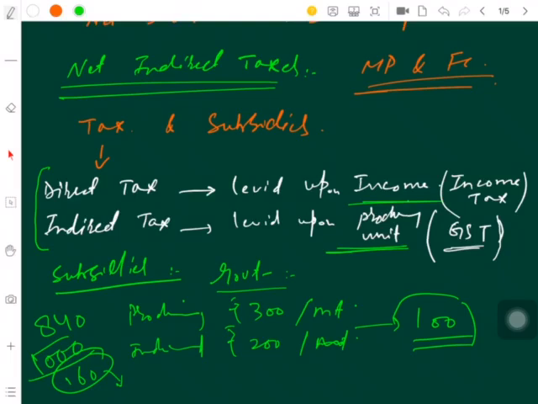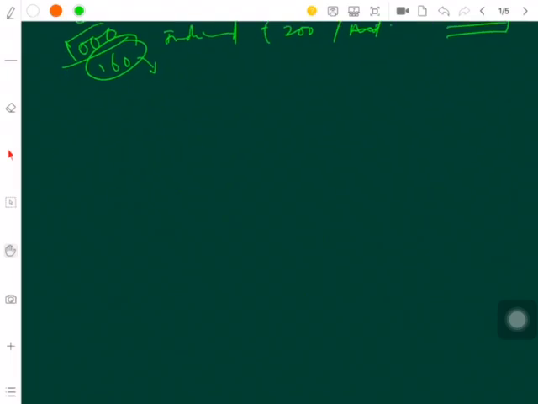So the third term which we were talking about is NFIA. NFIA is the net factor income from abroad. Net factor income from abroad is a difference between the factor incomes earned. I'll write it down in order to make you understand properly.